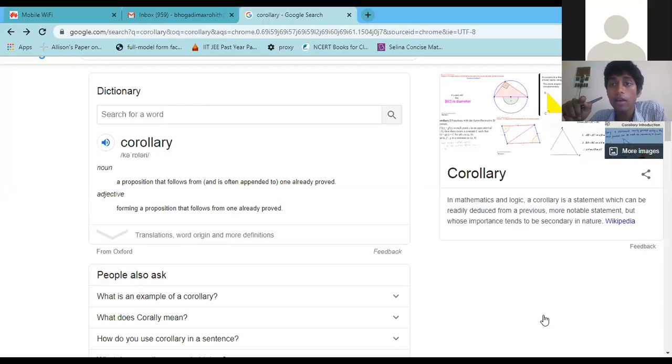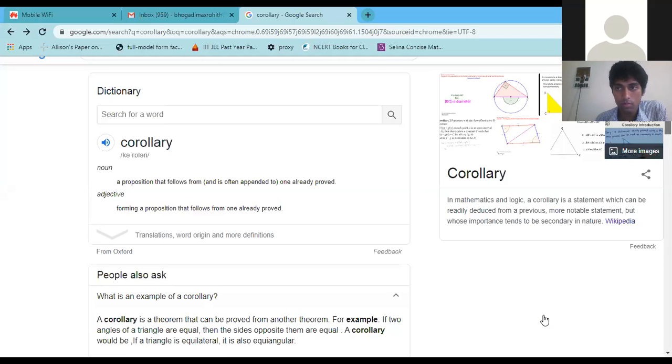Because to prove that log a base b is equal to 1 by log b base a, we are using the original statement. To prove this, you are using the original statement. Therefore, this is known as a corollary of the original statement. Are you guys understanding a little?